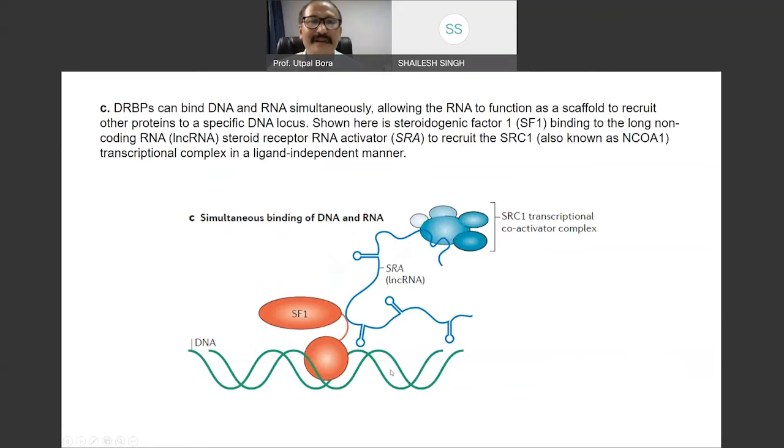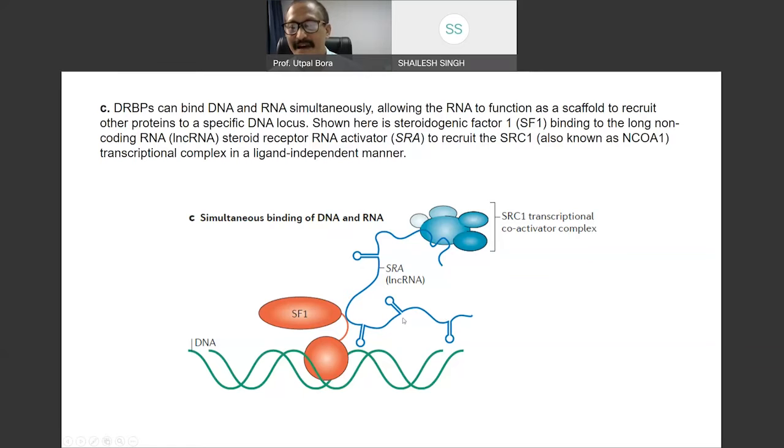So, the third case is that these DNA and RNA binding proteins can bind DNA and RNA simultaneously, allowing the RNA to function as a scaffold to recruit other proteins to a specific DNA locus. So this you already saw in the earlier cases. Here you see this SF1, this red colored one, binding to a long non-coding RNA.